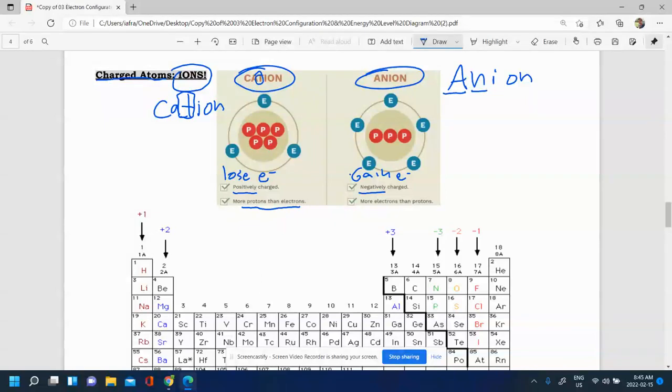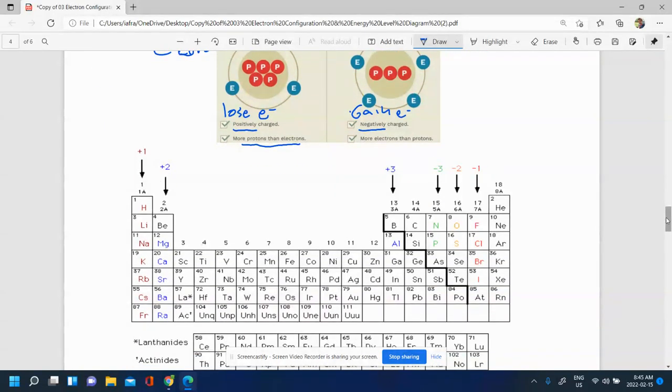So for example, if we look at our periodic table here, you can see that different elements tend to do different things. Some will gain electrons, some will lose electrons. So if we look at sodium, when it forms an ion, it will lose electrons. So when it's forming the ion, we're going to have Na+ plus an electron.